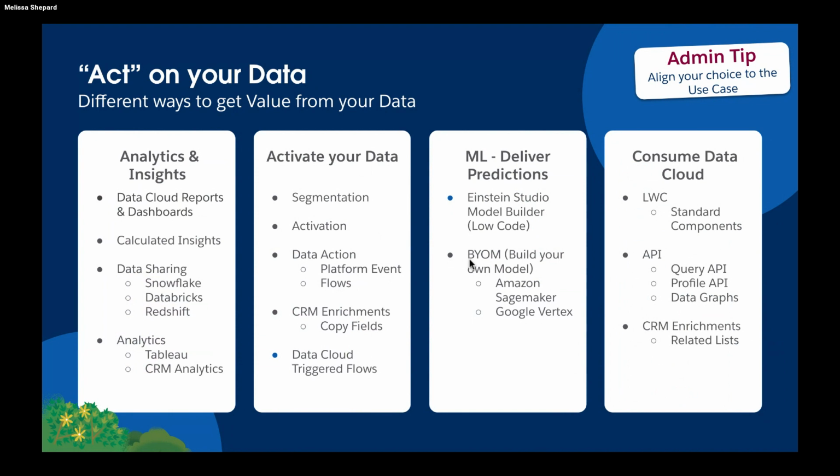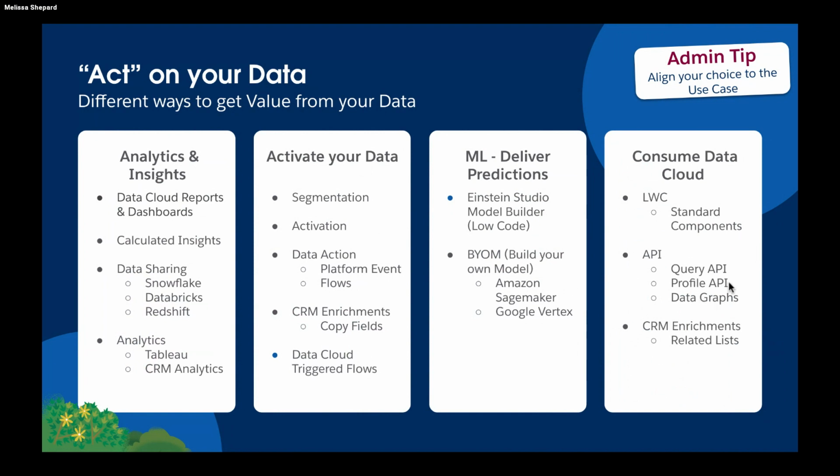And then, as I mentioned, you can use it with an Einstein Studio model builder. This is for your machine learning, or you can actually bring your own model as well. So you can use it with things like Amazon SageMaker or Google Vertex. There are some examples out there from Danielle, the Data Cloud Developer Advocate, about using Amazon SageMaker.